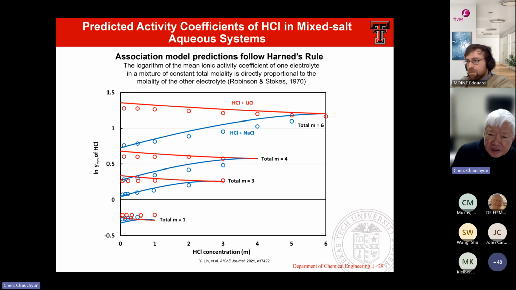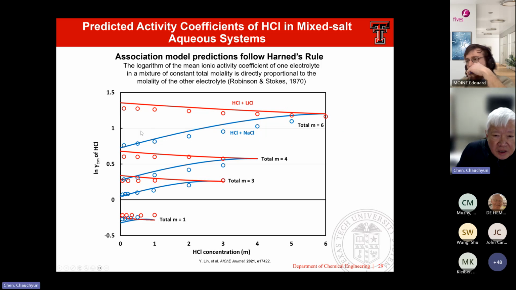To check the validity of the model for mixtures, another way is to see whether it follows the so-called Harned's rule. Harned's rule, of course, is an observation. It says that the logarithm of the mean ionic activity coefficient of an electrolyte in a mixture of constant total molality is directly proportional to the molality of the other electrolytes.